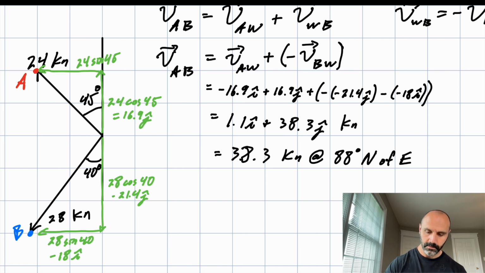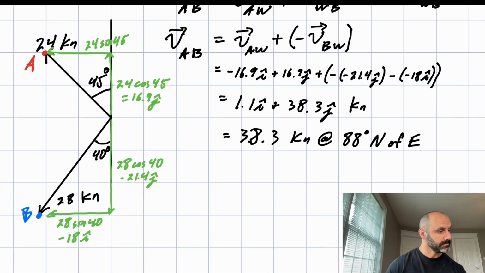And then C is asking, after what time will the ships be 160 nautical miles apart? This is really simple, right? If you have the velocity and you're looking for the distance, you're just going to take the distance and divide it by the velocity. So for C, you take 160 nautical miles.